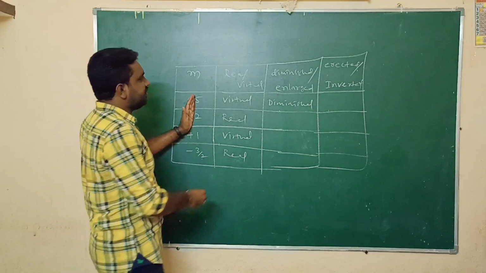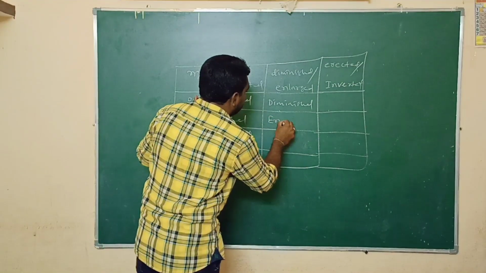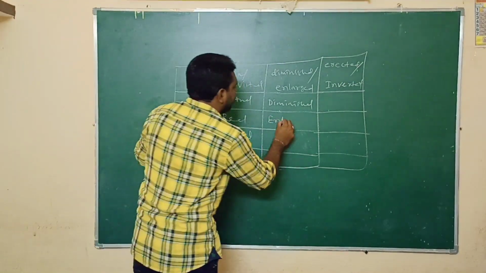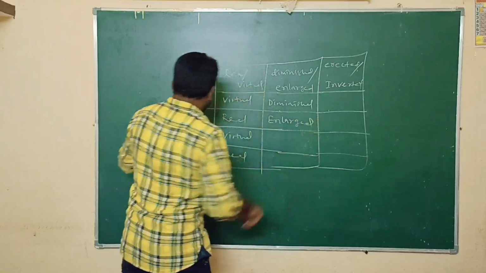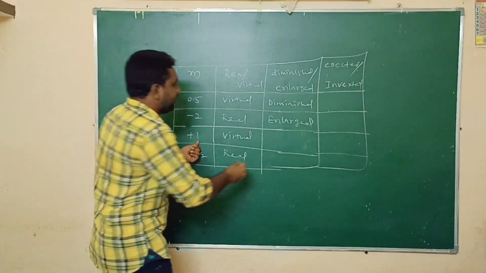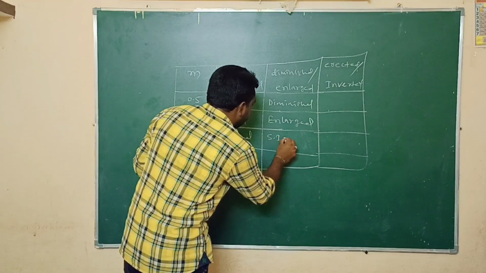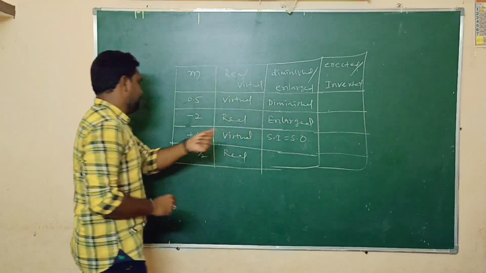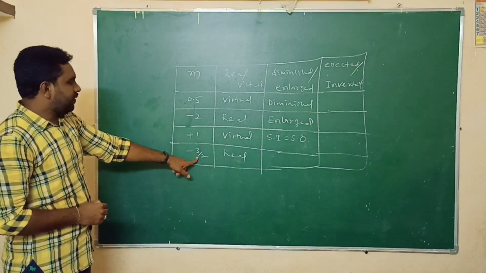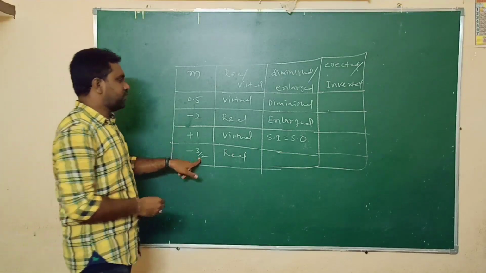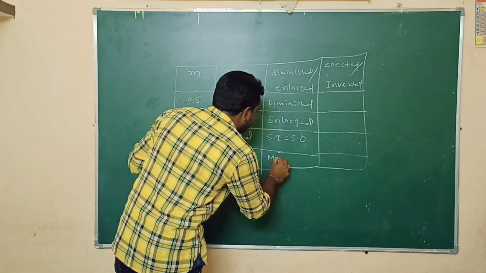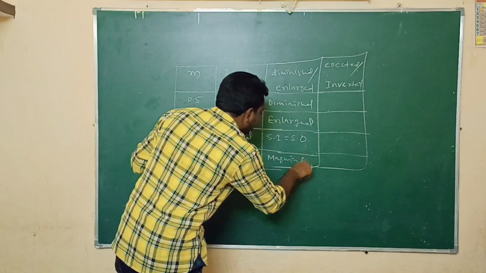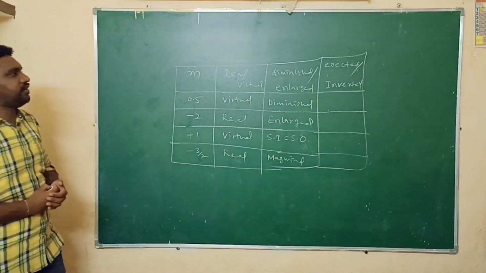More than 1 means it is an enlarged image. Enlarged means magnified. Here we got 1, so what do we need to write? Size of image equal to size of object. Remember this one. And here 3/2, which means 1.5. It is more than 1, so it is also a magnified image. In this way we have to decide the size.